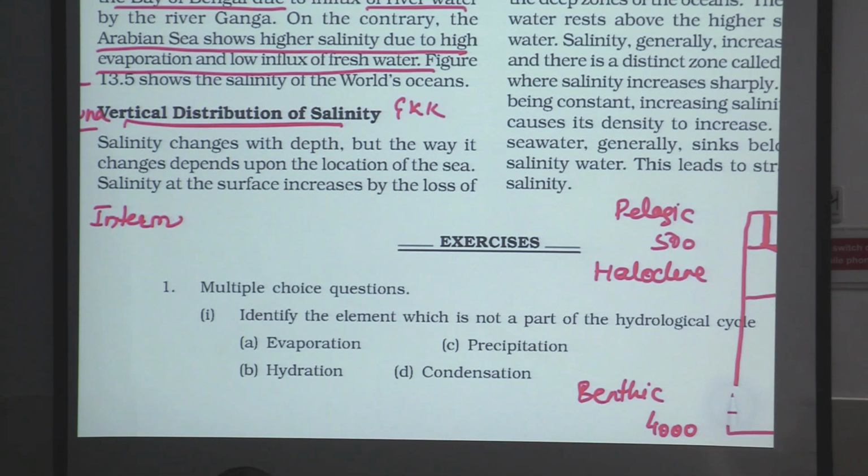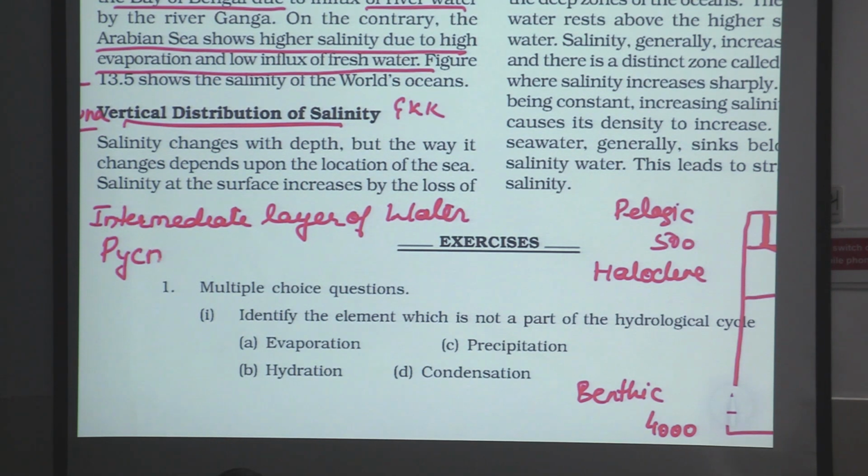The intermediate layer of water is called the pycnocline layer, which actually equals thermocline combined with halocline.